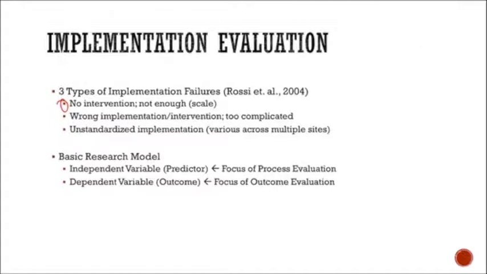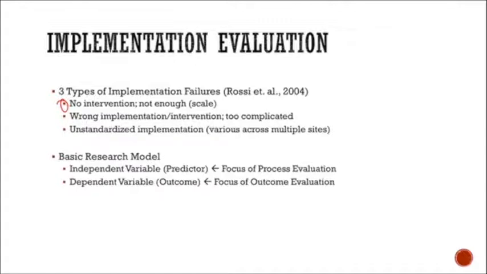Not enough scale is a different but related issue in the fact that if it takes a nutrition program roughly 20 hours of individual counseling to help develop a healthy eating plan, engage people in a routine exercise program, and to inform them sufficiently to have the skills to make wise nutritional decisions, then only getting 2 to 3 hours of that, while not no intervention, is obviously an insufficient quantity of the program that people would need to get to the point that they achieve the outcomes they want.